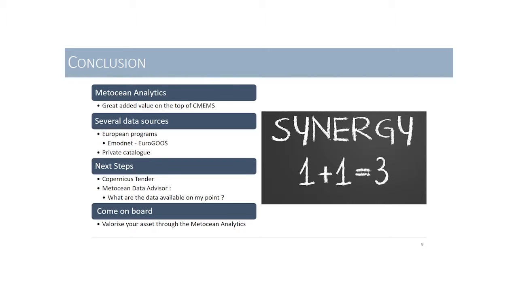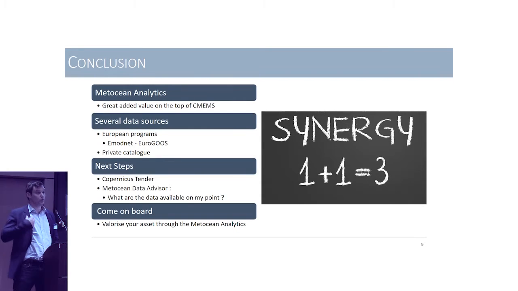But not only, EMODnet is also a great European initiative. We can also take the catalog of our client for a private catalog. Only the account of my client can go and access the data. So you can choose either a public catalog, where everyone using this software will have access, or just the private catalog.